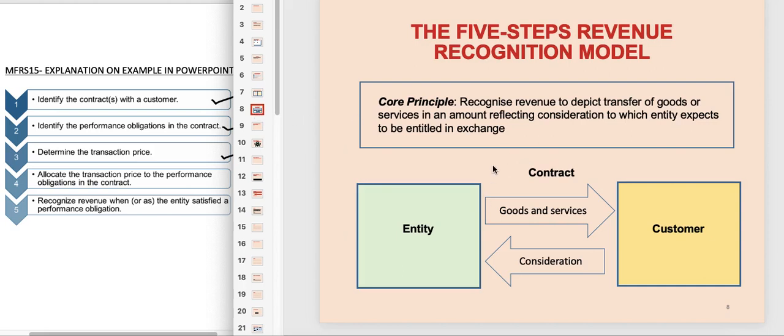So this is a summary of the 5 steps where you are the entity and you are selling goods or providing services to your customer, and your customer, in return for receiving the goods or the services, will pay to the entity. The consideration here refers to the payment that is made by the customer to the entity.